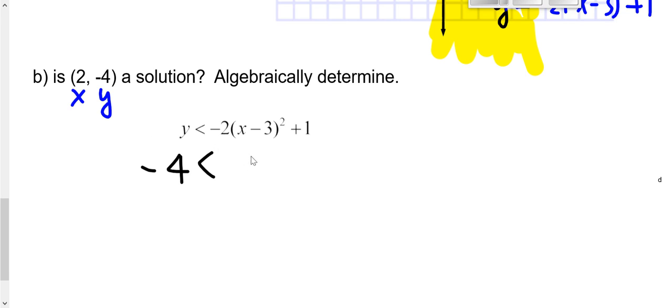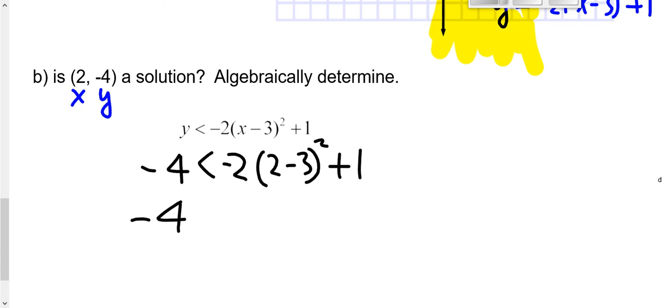So negative 2, and then my x is 2, minus 3 squared, plus 1, and then left hand side is still negative 4. Right hand side: negative 2 times (2 minus 3) gives you negative 1, and then you square, plus 1.